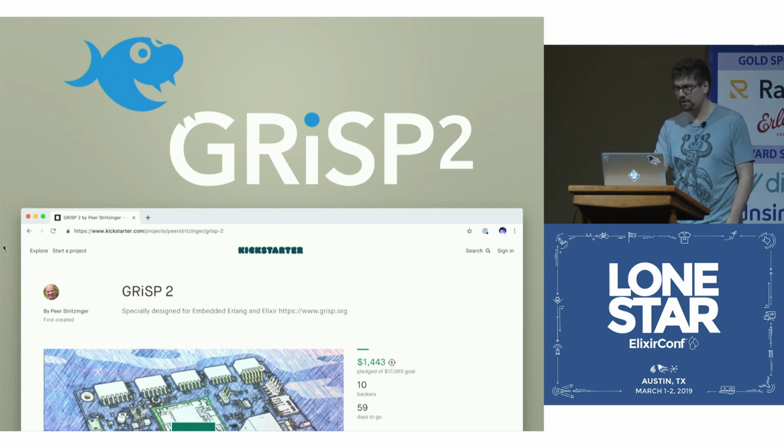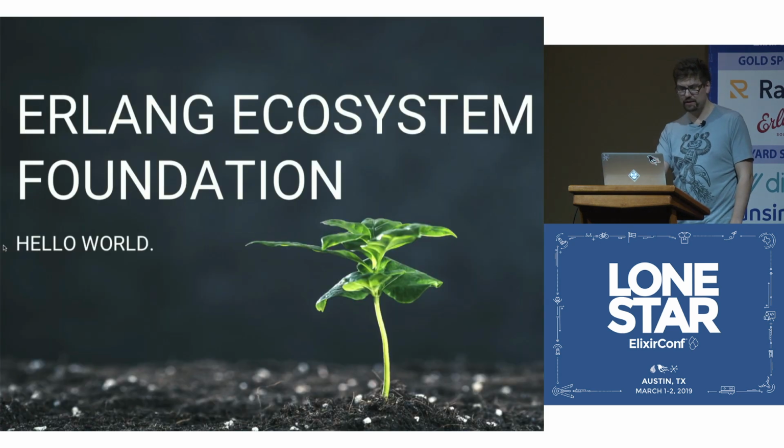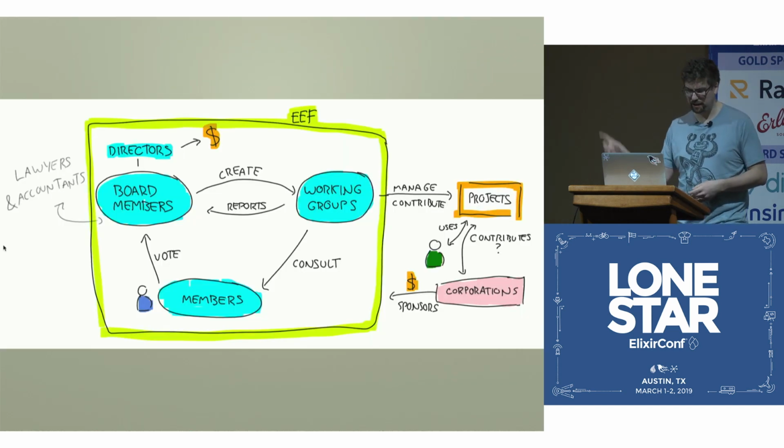In addition, you'll probably hear a little bit more about this during the conference, but there was a foundation formed called the Erlang Ecosystem Foundation. As part of that, there's an embedded working group that myself and Frank and Pierre and others in the GRISP community are involved in. I love this napkin drawing they had.